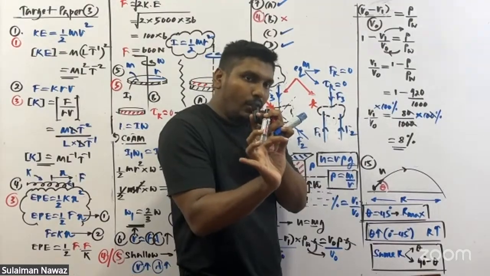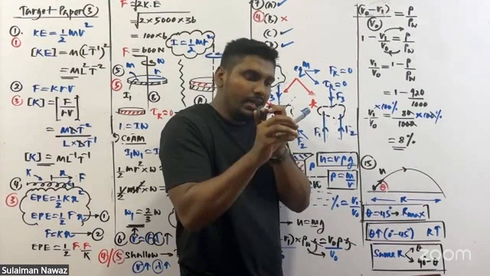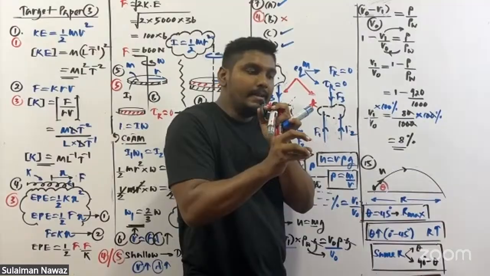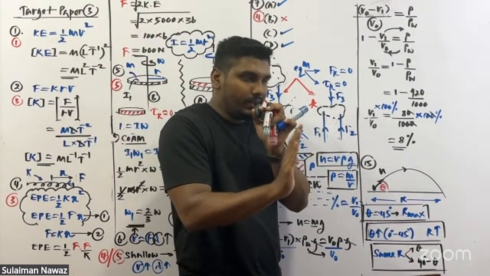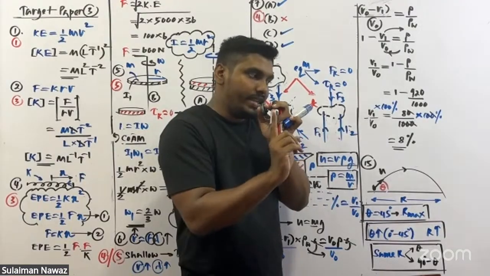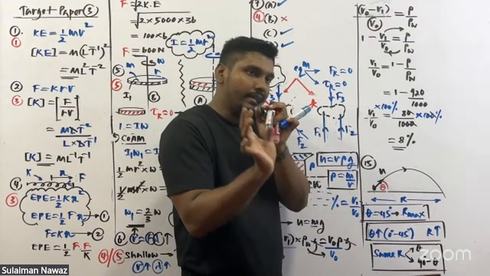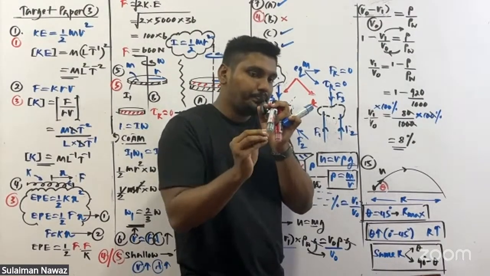Horizontal range is smaller when the angle is 30. When you compare with 40, 30 has the lesser projection angle. Therefore, horizontal range is smaller when the angle is 30. Then we can eliminate 45. We can eliminate 40. Then we have in our hand 30 degree, 60 degree, 75 degree.